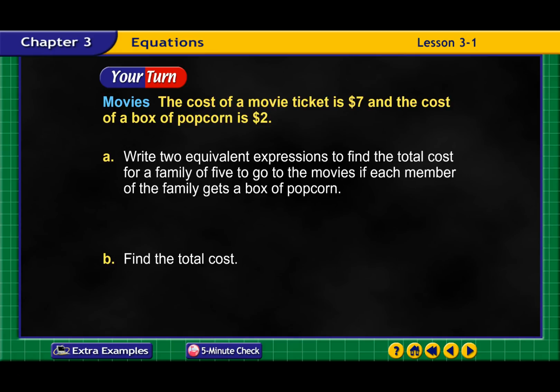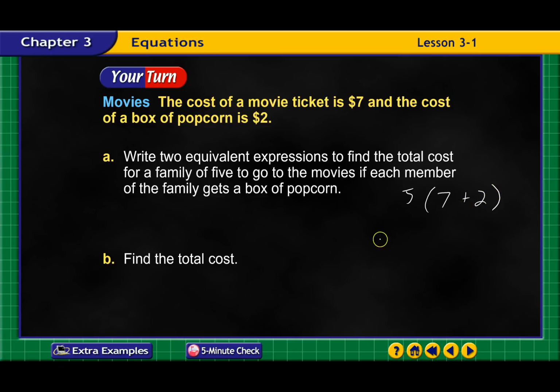All right, the cost of a movie ticket is $7 and the cost of a box of popcorn is $2. Write 2 equivalent expressions to find the total cost of a family of 5 going to the movies. So I'd probably start this out with 5 people, and there's a $7 ticket and a $2 popcorn, wow, that would be nice. Actually, both those would be nice. So there's one option.